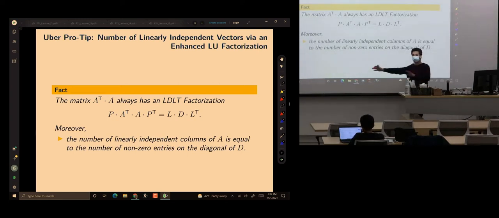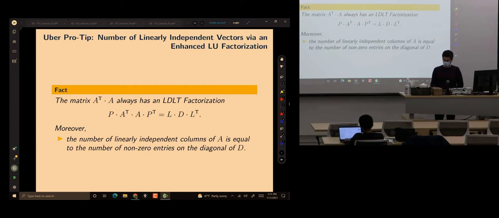I'm fast forwarding a lot. We talked about different cases. You get 0 on the diagonal of U. We talked about linear independence. And all of that led to a protip, right?